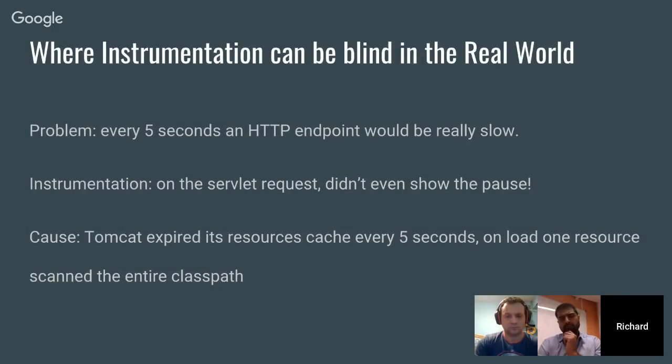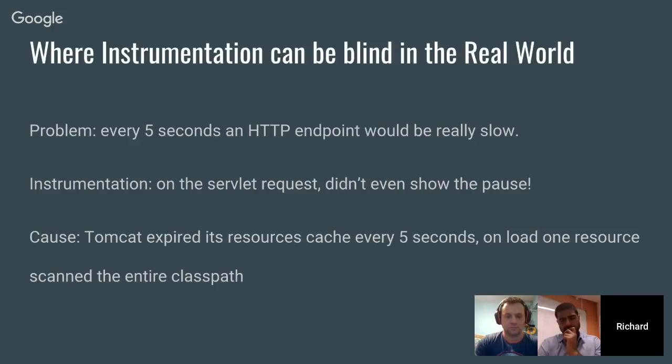Well, when we looked at the APM vendor's instrumentation approach, they were instrumenting the servlet request within this system, okay? And it didn't even show the pause that was going on. So the tool said, nope, there's no problem here. Everything's A-okay. But obviously, they had real customers who were frustrated by the performance problem on their website. So they needed to solve that problem.